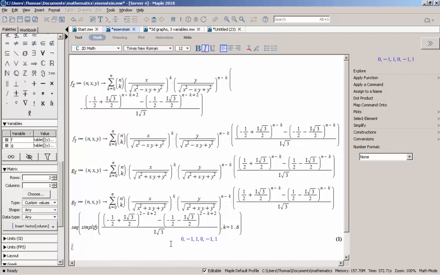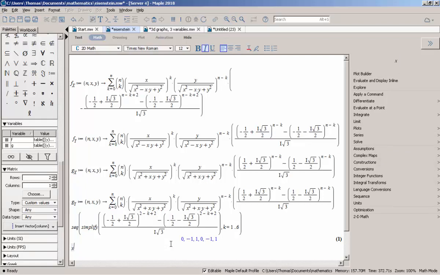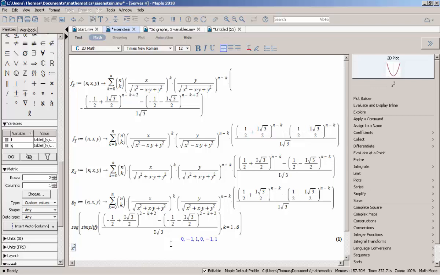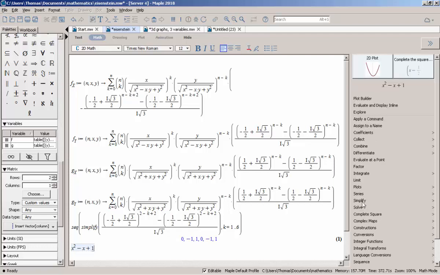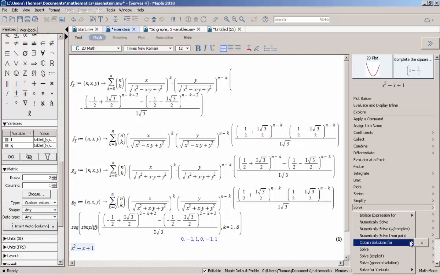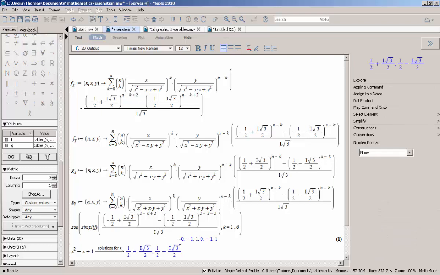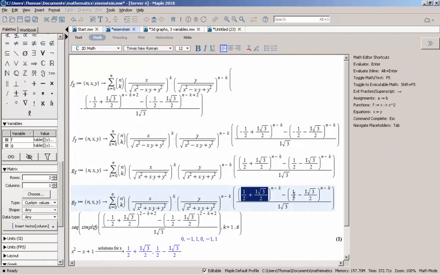How did I find it? I think it was the solutions to x squared minus x plus 1. Let's give that a try. That's probably it. Yeah, that's for this one right here and this one.